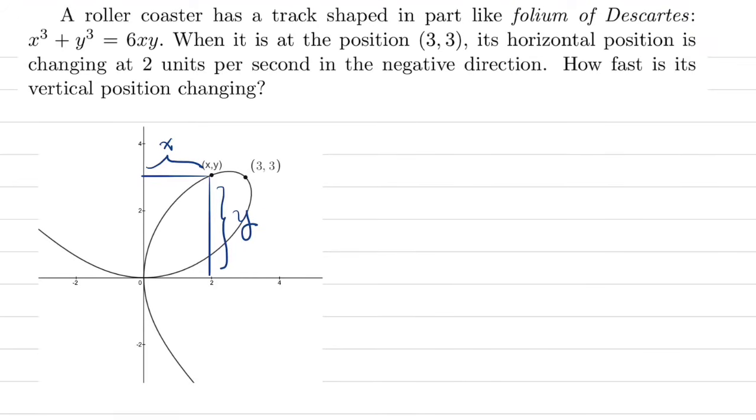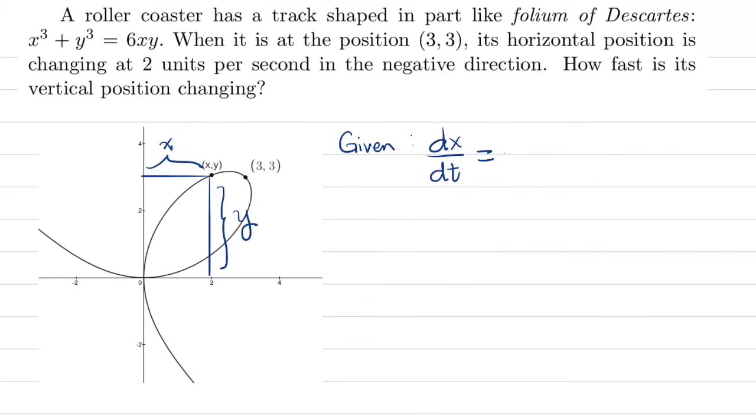Okay, so what is the given information in this? Of course, we know that the horizontal position is changing at 2 units per second. So, how do we write that? That means we have dx over dt equals what?